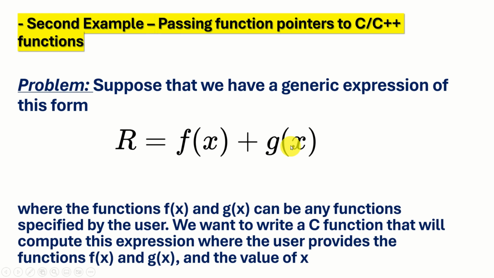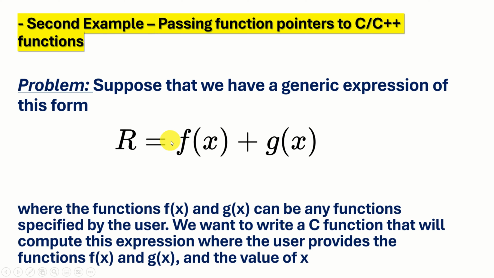Let's start with a more interesting example. Here you will learn how to pass function pointers to C or C++ functions. So here is a problem that in some generic form can be modified and used in a number of applications. Suppose that we have a generic mathematical expression that looks like this.